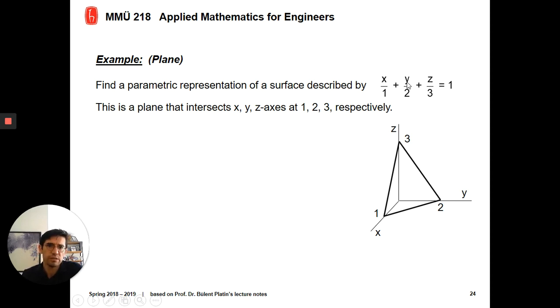I give, for example, y equals 0, z equals 0, and x will be 1. And x and z 0, y equals 2, and z is equal to 3. So these are the coefficients where my plane cuts the x, y, z axes.